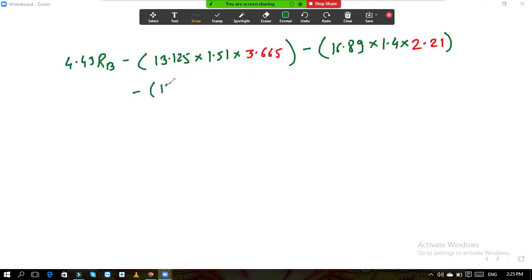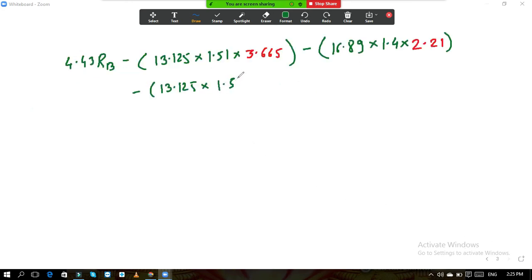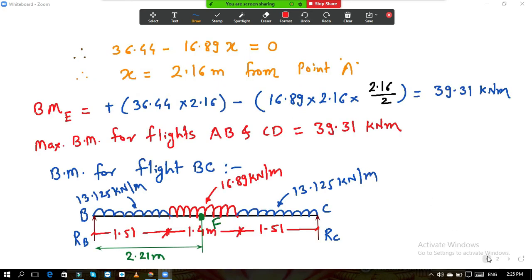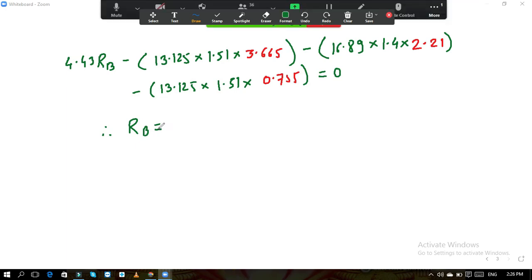So again minus 13.125 into 1.51 into 0.755. All these must be equal to 0. Let me know the value.